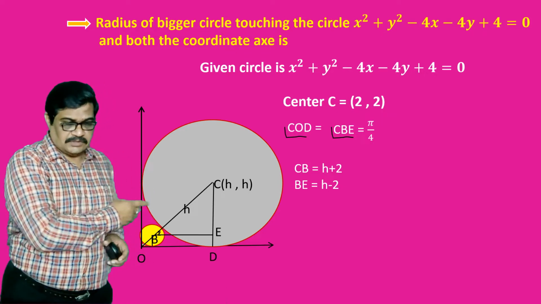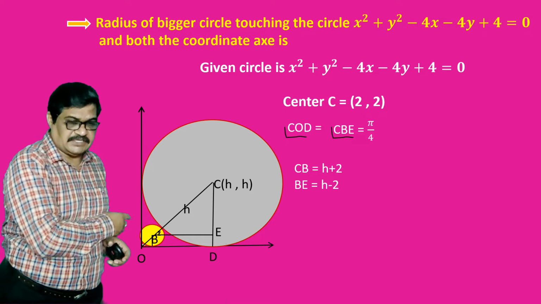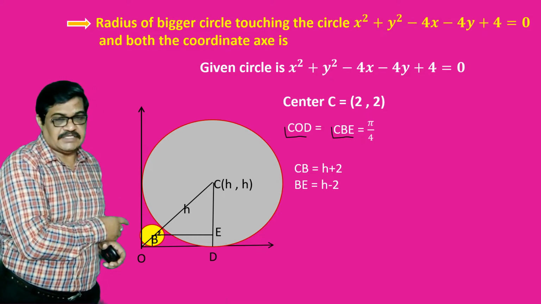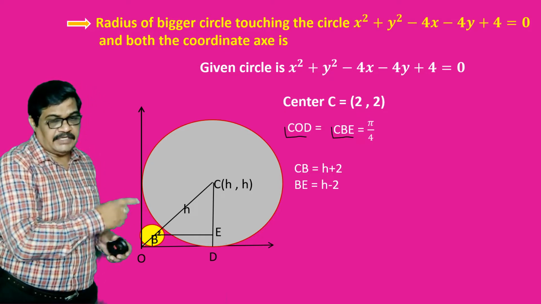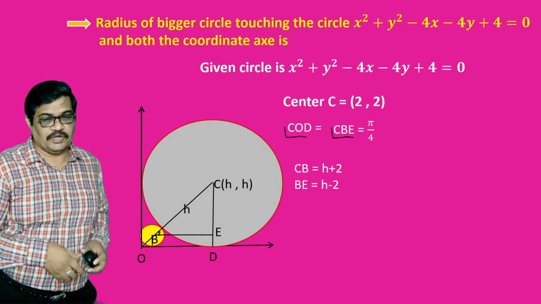Next, observing the distances, CB is h + 2 and BE is h − 2.